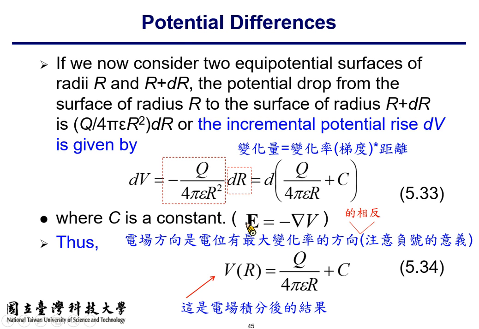Because we define E equals the negative of the gradient of V, then dV, the potential difference. First, here we are trying to do the integration in which coordinate system?